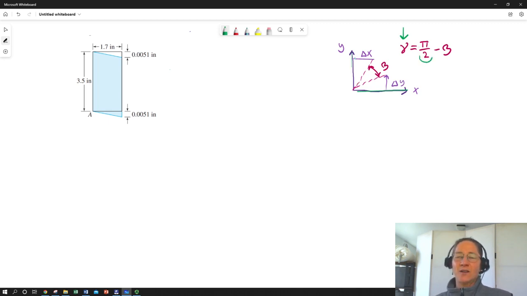And as the result of either changes in the x direction of the y face or in the y direction of something on the x face, we end up getting a change from that pi over 2 down to something less than pi over 2. So shear strain is always defined as positive if we're going to a smaller angle.